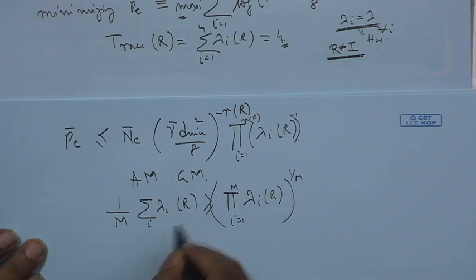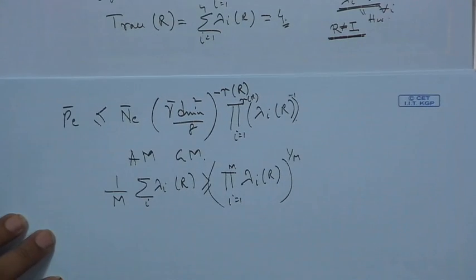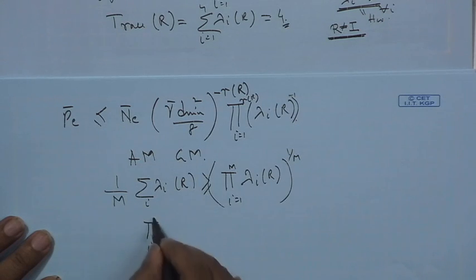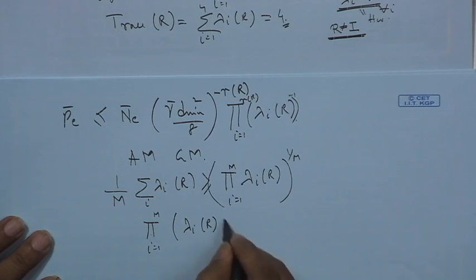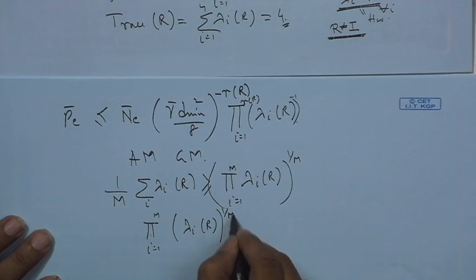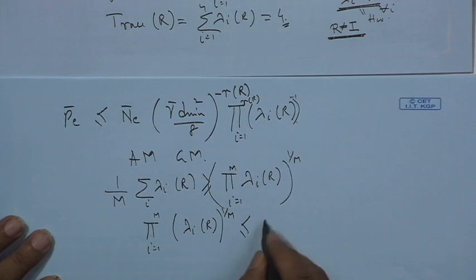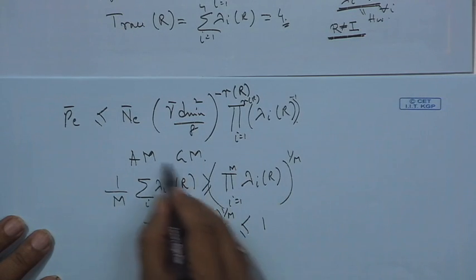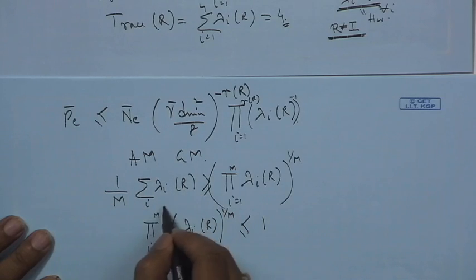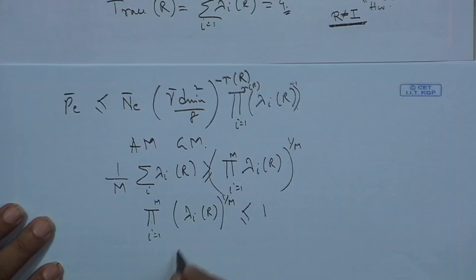So this is the geometric mean, this is the arithmetic mean. Now since this should be equal to m, lambda I of R raised to the power of 1 upon m is less than or equal to 1. We are just bringing it to the left hand side, because this thing is equal to m because of the total power constraint. So this thing should be equal to 1, and this is less than or equal to 1.